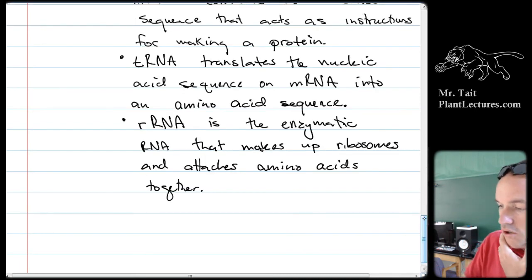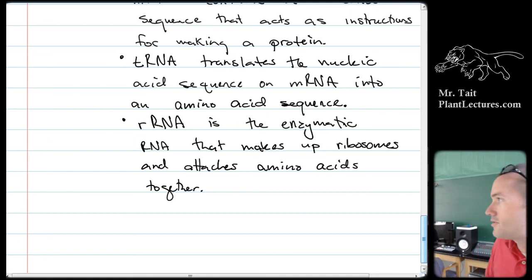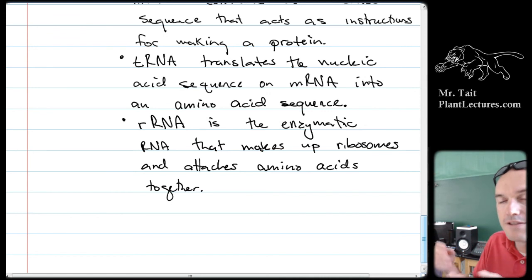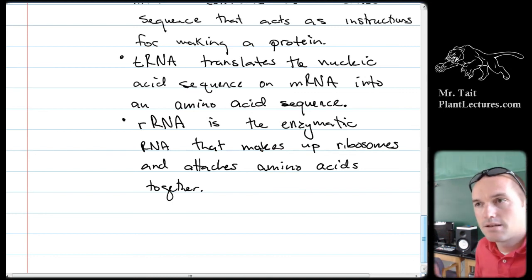Okay, so it's going to do the job of actually attaching the amino acids together. So some people are like, if proteins have to be made by other things, where did the first thing come from that makes the proteins? Like, where does the protein machinery come from that makes proteins if it's required to make a protein? Well, this is your answer. rRNA is the thing. So rRNA, ribosomal RNA, actually makes proteins.